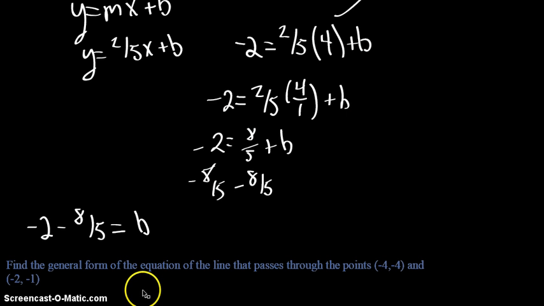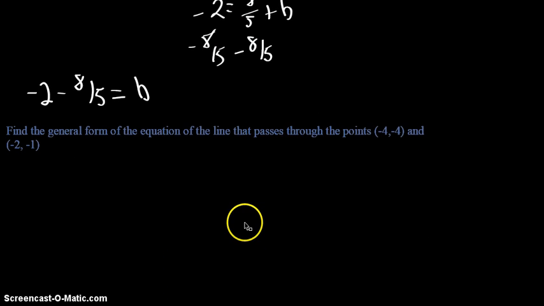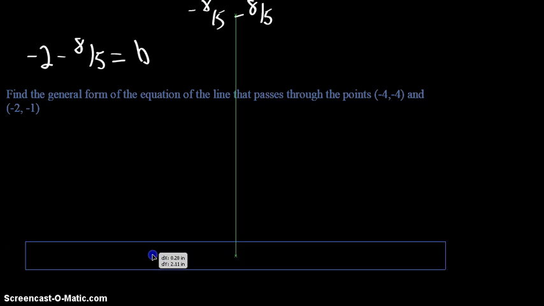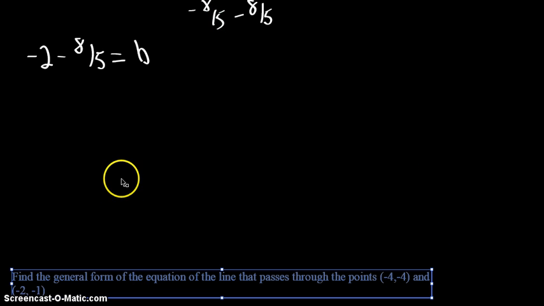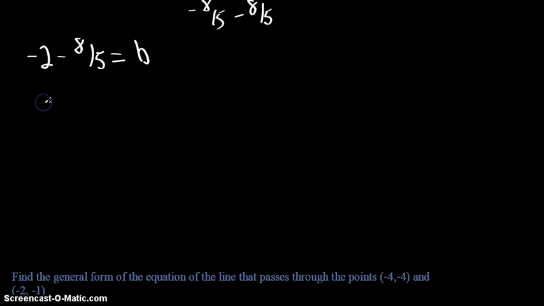Okay? So now I'm going to have to get a common denominator for this. Apparently I should give myself a lot more room. My common denominator is going to be 5. So this is going to become -10/5 minus 8/5 will equal my b.